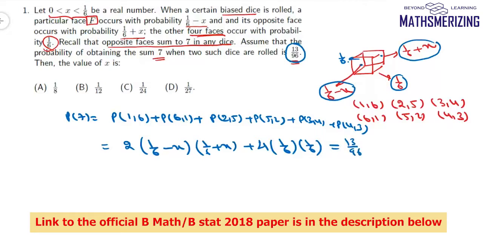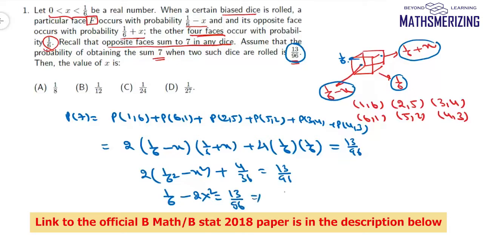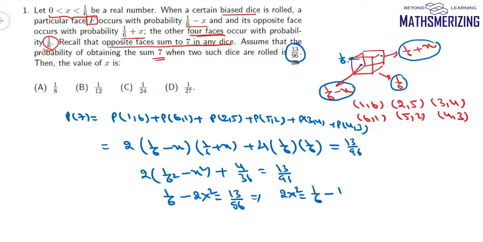So I can write it as 2 times 1 by 6 square minus x square, and then plus 4 by 36 equals 13 by 96. So here it will be 2 by 36 plus 4 by 36, 6 by 36 is simply 1 by 6, minus 2x square, and this is 13 by 96. So I can write 2x square as 1 by 6 minus 13 by 96.